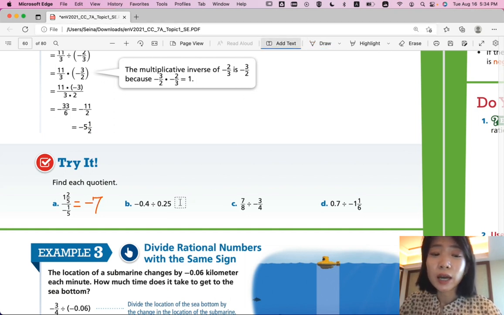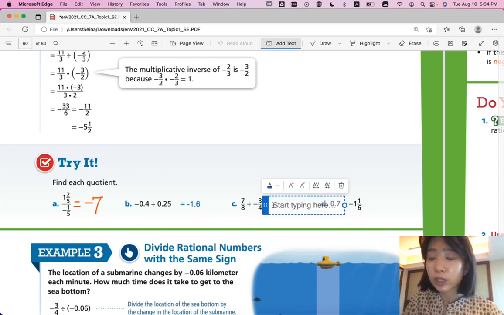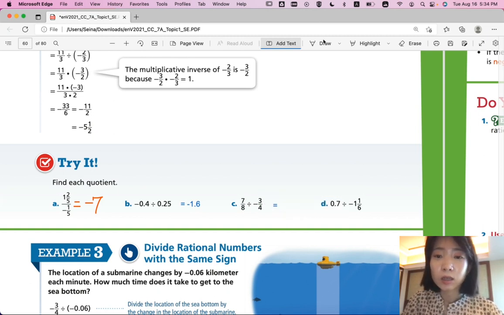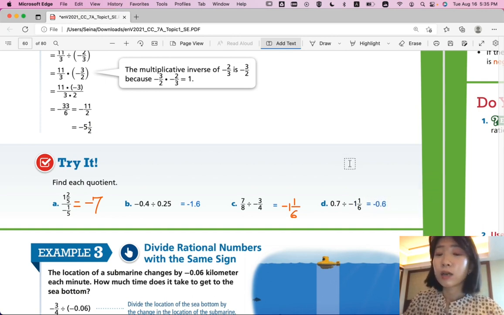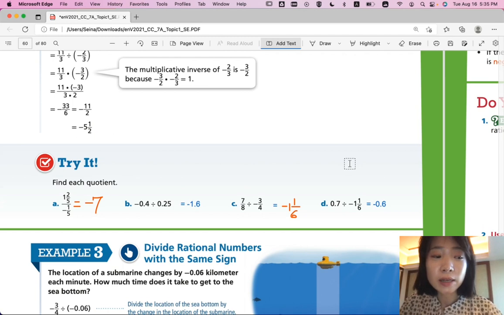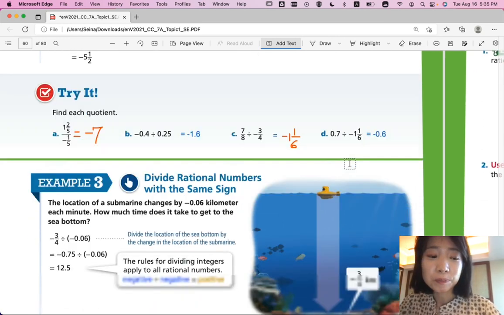Part B, you should get negative 1.6. And part C, you should get negative 1 and 1 over 6. If you wrote 7 over 6, that's also fine. Part D, you should get negative 0.6. Please check your answer. If you got any of those wrong, please go back and try again. But if you got everything right, good for you.